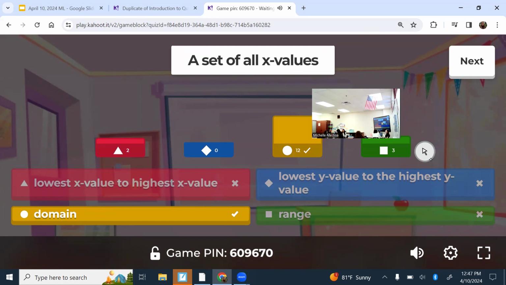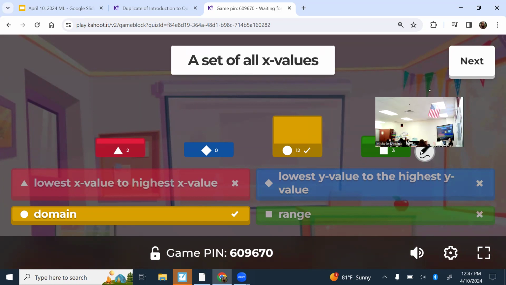Do you guys know what the domain is usually of our quadratics? If our quadratics look like either a normal U or an upside down U, my domain is always going to be what?